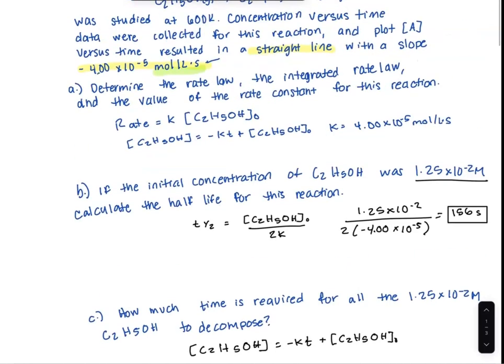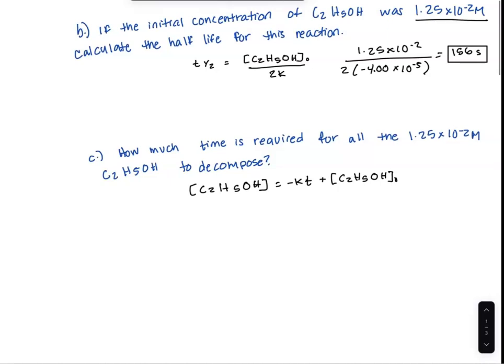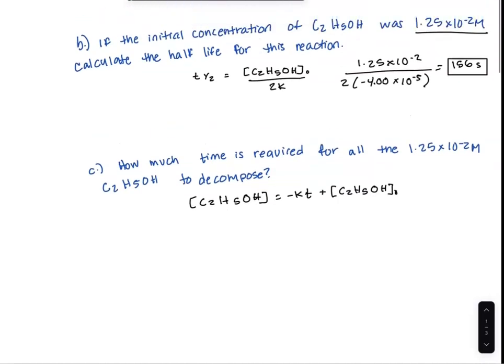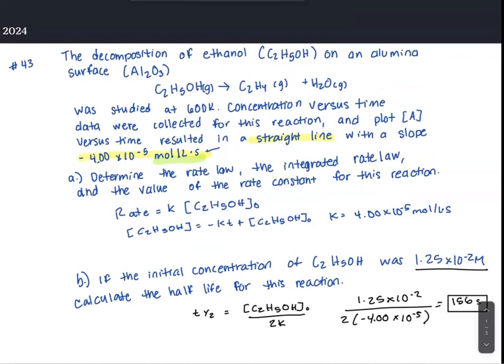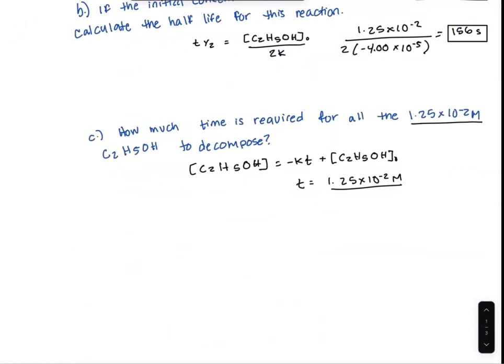Our slope is given over here in the problem. And how much time is required for all of the concentration? If this is all of the time for this molarity, then the time will equal the concentration, 1.25 times 10 to the negative 2 molarity, over our slope, which is 4.0 times 10 to the negative 5th.